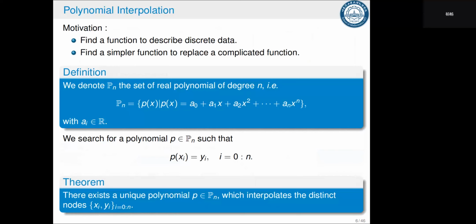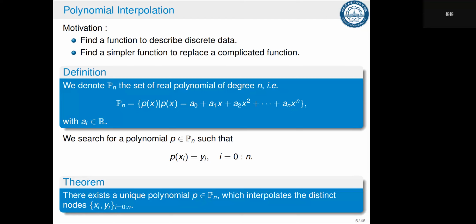It is because the function given has such a complicated expression that it is not easy to use in practice.